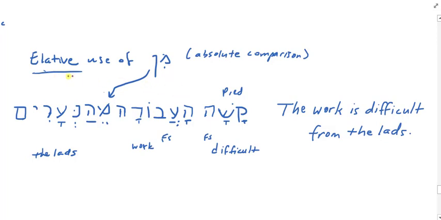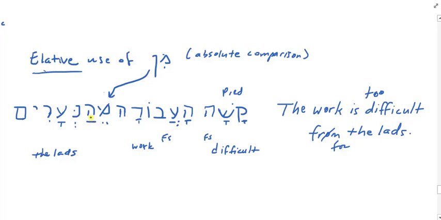What we're really talking about is what's called the elative use of the min, where what we're saying is that the work is too difficult for whatever the min is attached to. In this case, we're going to translate this as the work is too difficult for the lads. Kasha ha'avodah me ha-na'arim. Difficult is the work, too much for the lads.